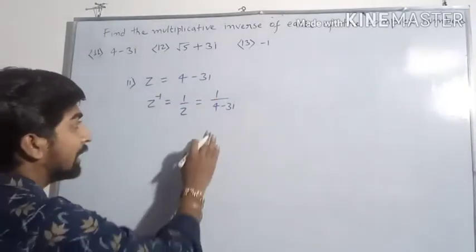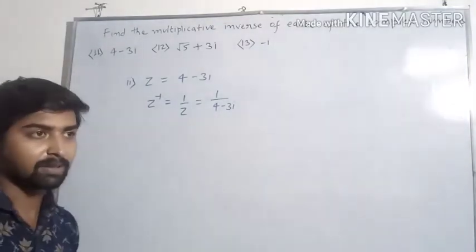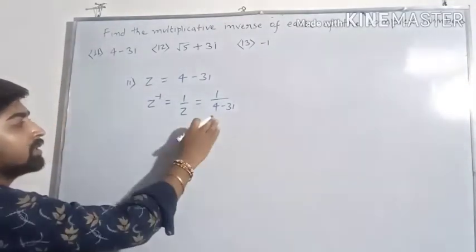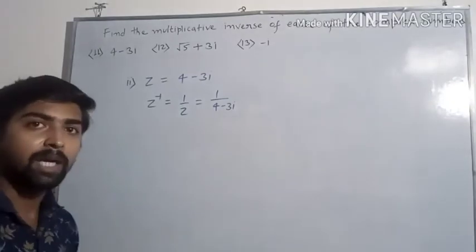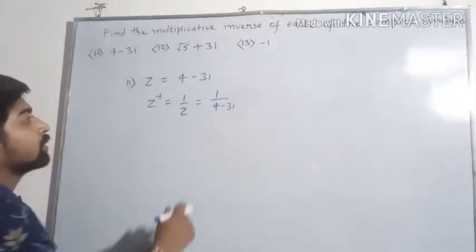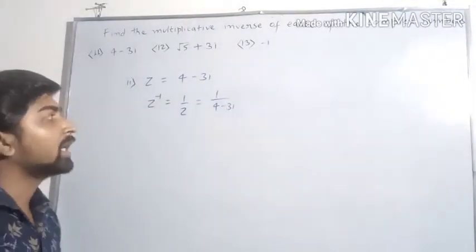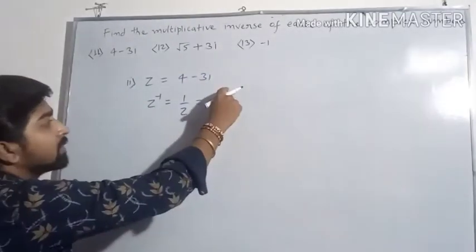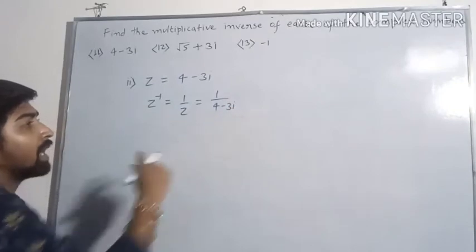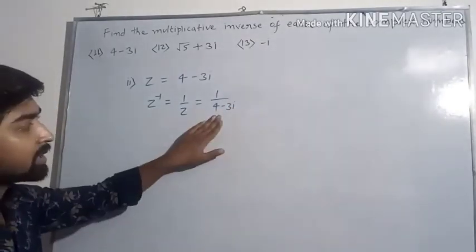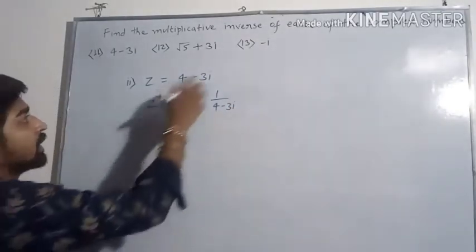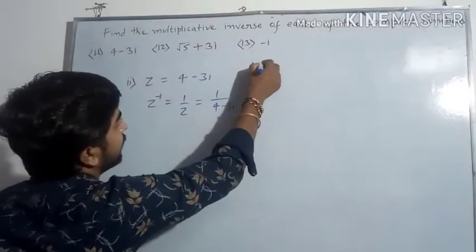But we will not leave this as it is. We will change this complex number into the form a plus ib. To do that, we will multiply the numerator and denominator by the conjugate of this complex number.